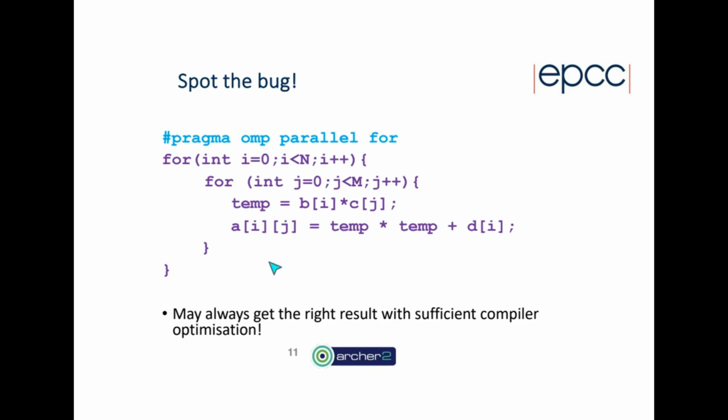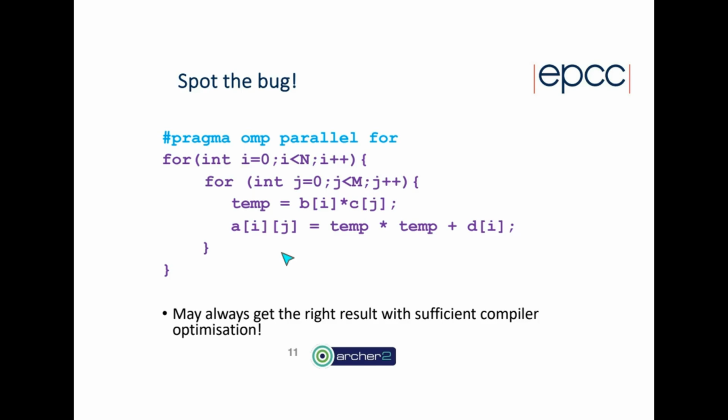The nasty thing about something like this is that if you compile this code with sufficient compiler optimization turned on, probably even -O1 will do the job, then the compiler will never actually store the value of temp in memory anywhere. It'll just use a register for it. So what's effectively happening is that the compiler optimization is doing the privatization for you.